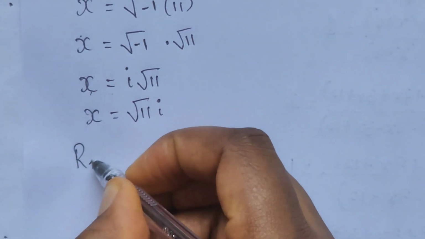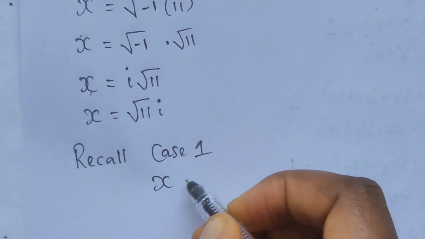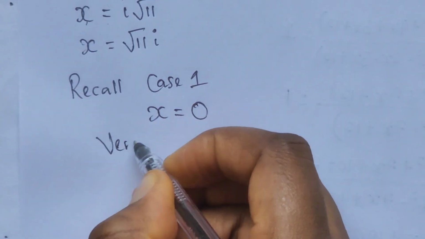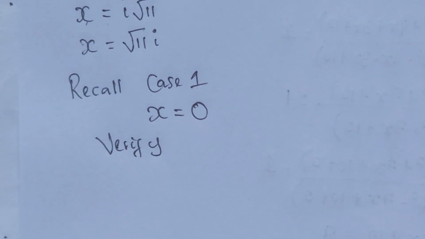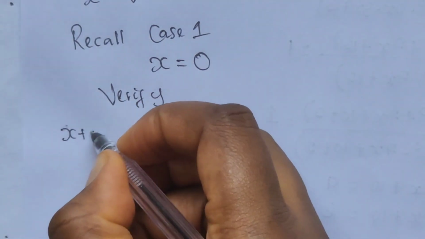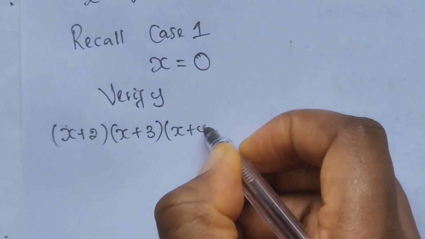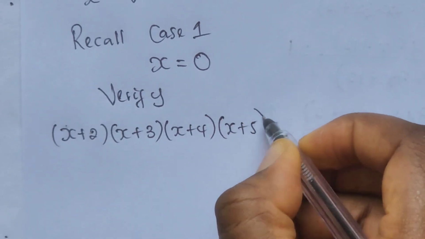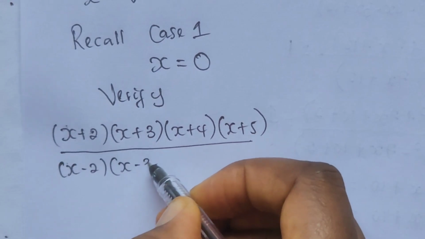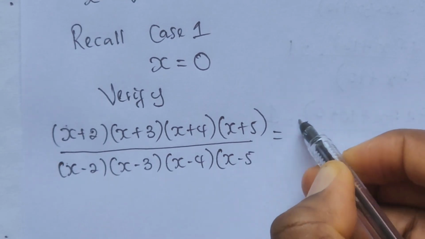Let's recall that from case 1 our x is equal to 0. So let's verify. The question we have is x plus 2, x plus 2, x plus 3, x plus 4, x plus 5, all over x minus 2, x minus 3, x minus 4, and x minus 5 to be equal to 1.